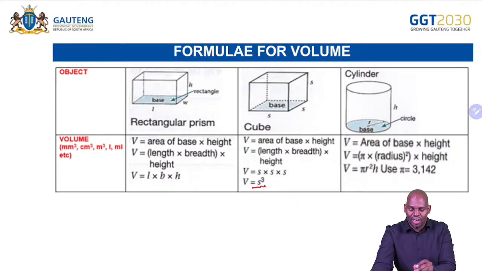Then for a cylinder, the formula for calculating volume of any cylinder is pi r squared h, and then the pi is 3,142. And then remember the unit of a volume is millimeter cubed, centimeter cubed, meter cubed. And then when we come to capacity, we are going to have liters or milliliters.